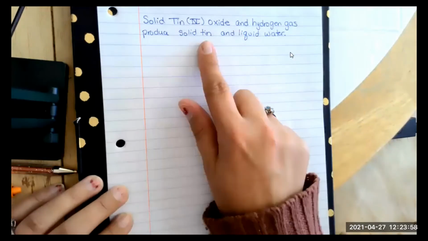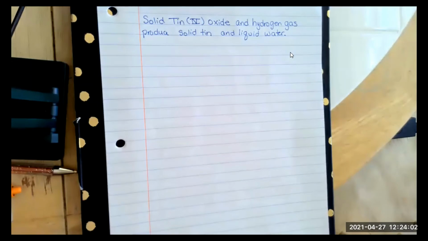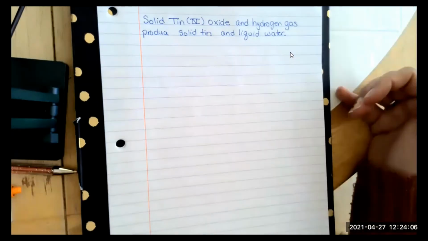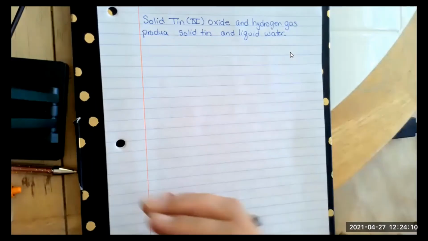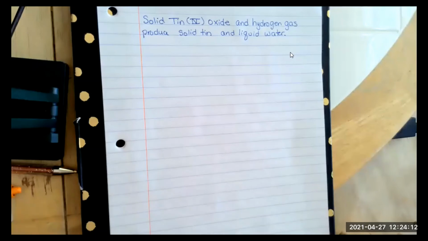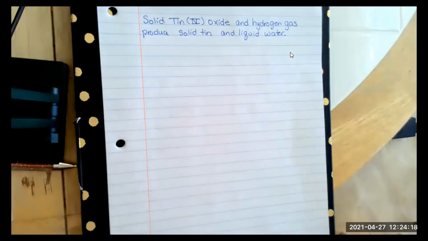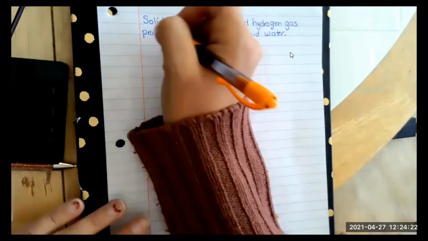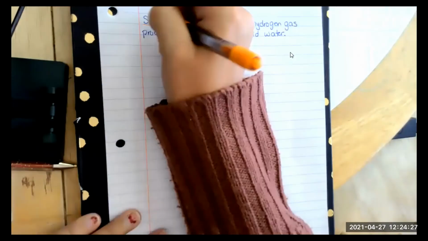Now, remember your first step is to go ahead and remember that going from written to word, everything that is a compound stays in words, but all of your states of matter and everything else goes into equation format. So we're going to go ahead, I'm going to keep doing it in orange to underline what needs to be put into equation format. So solid needs to be put into equation format. So that's a lowercase s in parentheses.